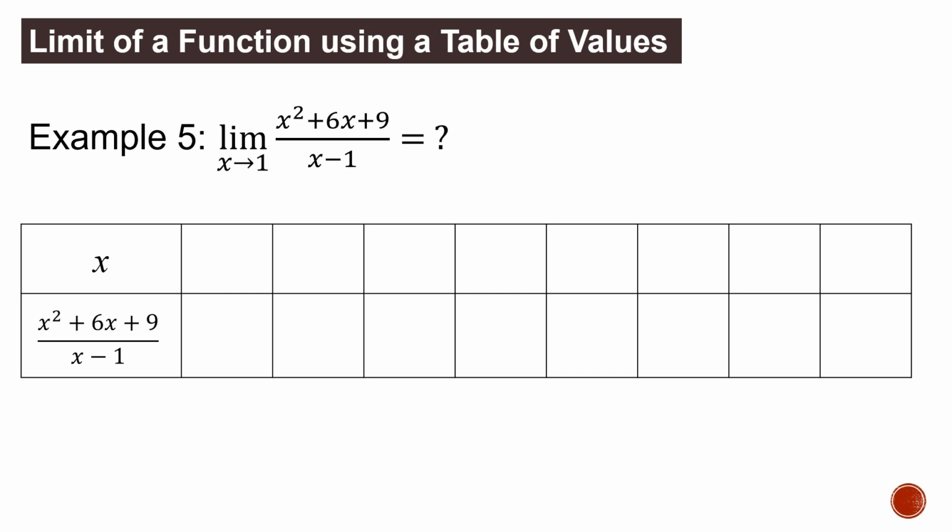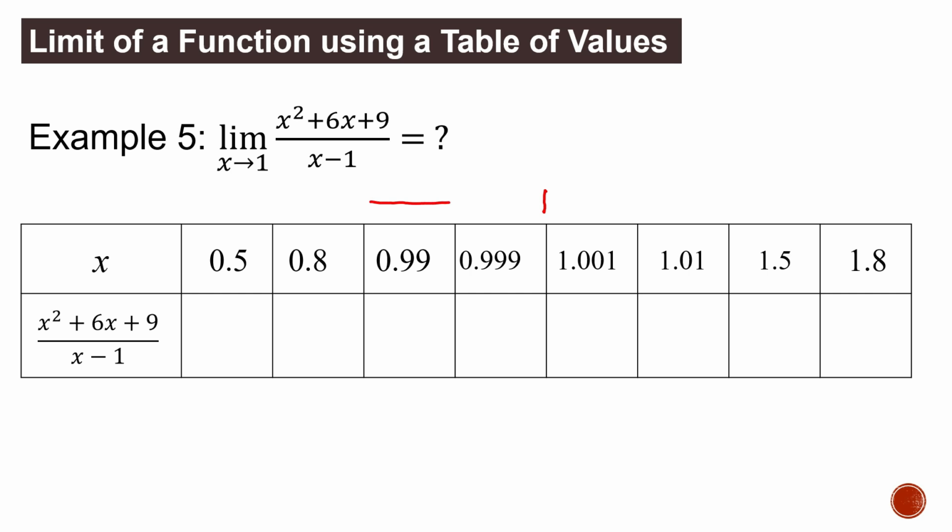Earlier, we noticed that if we use the table, we were able to find a value. But let's try it on this particular function. Now let's use these values again. The whole idea is to find numbers from the left that are getting closer and closer to 1, and also from the right side that are getting closer and closer to 1.